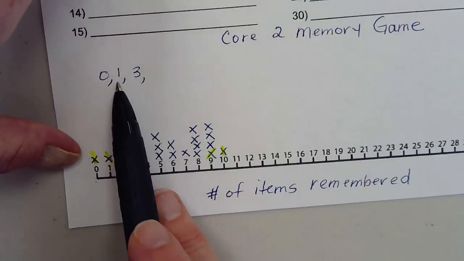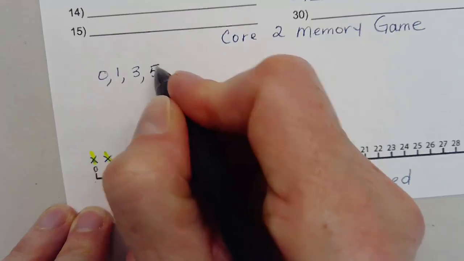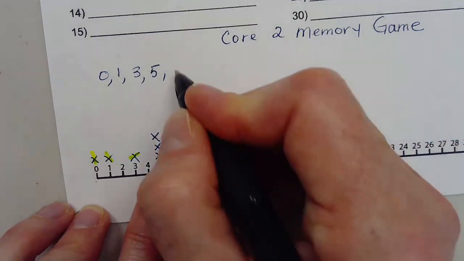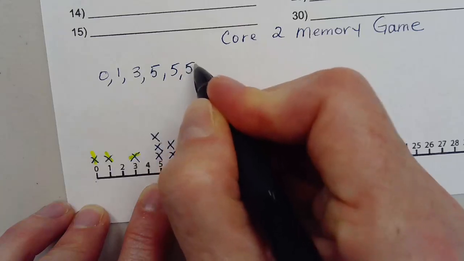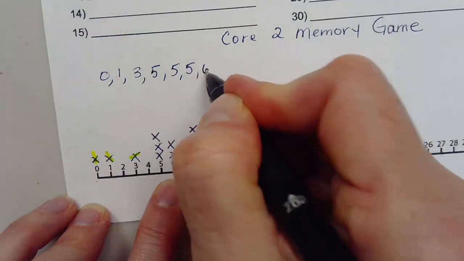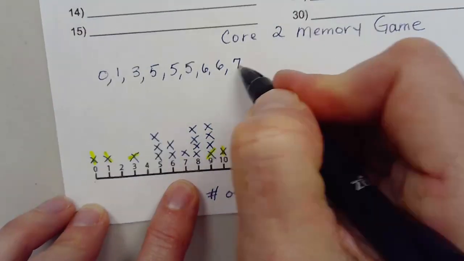So I've got 0, 1, 3. What's next? 5. What's next? I only had one 5? How many 5s did I have? Oh, I should put 3 5s. What do I put next? 6. What do I put next? 6. Then what?